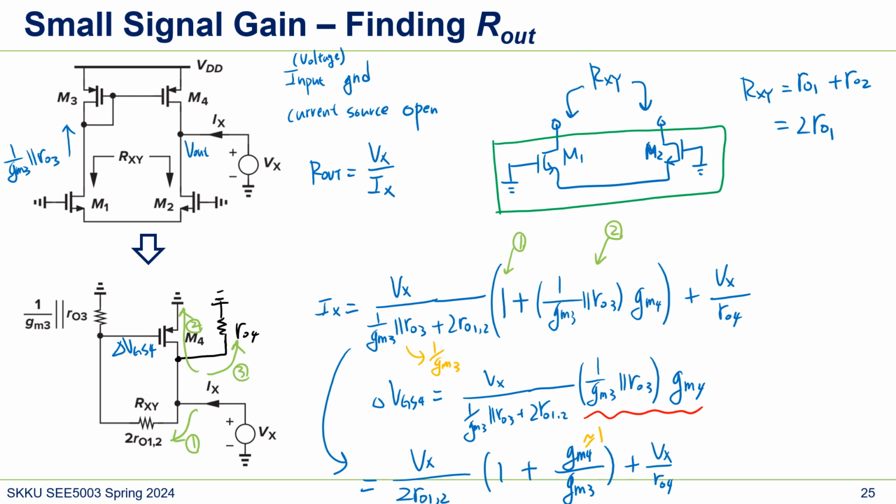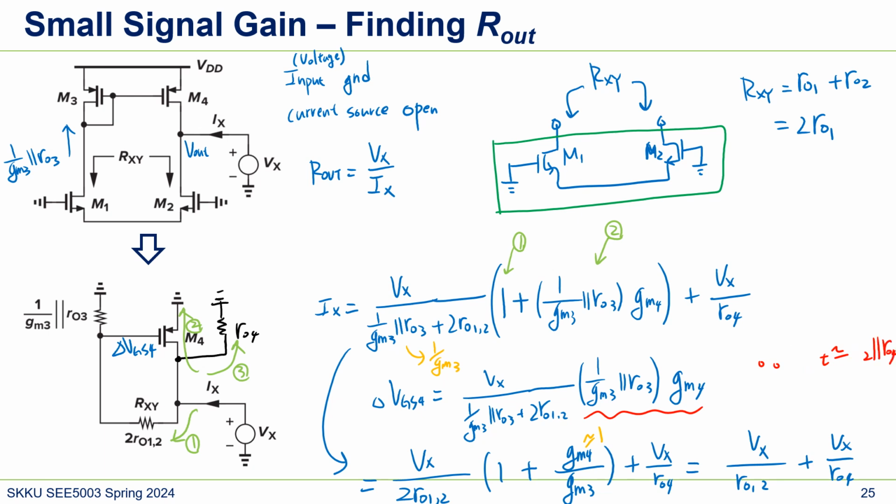So it turns out Vx RO1 2 plus RO4 Vx. So the conclusion is R out is RO2, or let's say RO1, while RO2 parallel RO4.